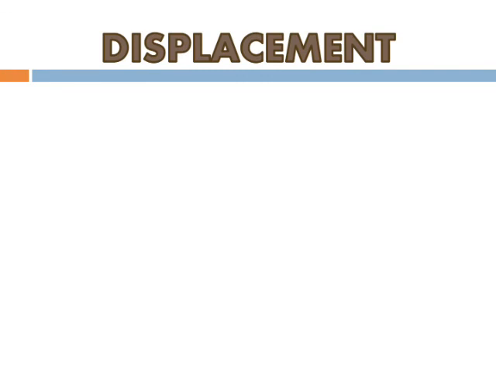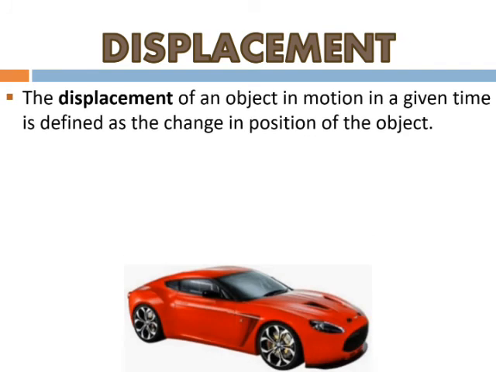And now let's talk about displacement. The displacement of an object in motion in a given time is defined as the change in position of the object, that is, the difference between the final and the initial positions of the object in a given time.